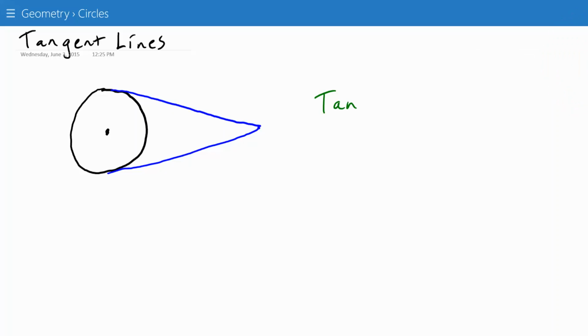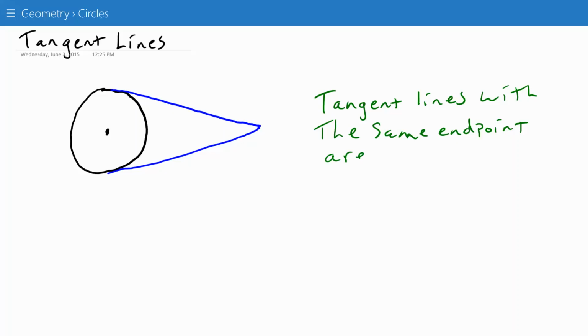What we want to think about right now, tangent lines with the same endpoint are congruent.